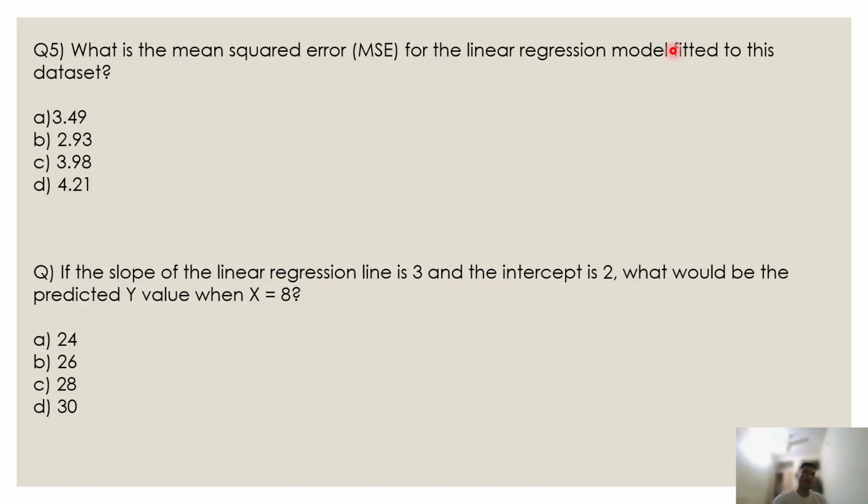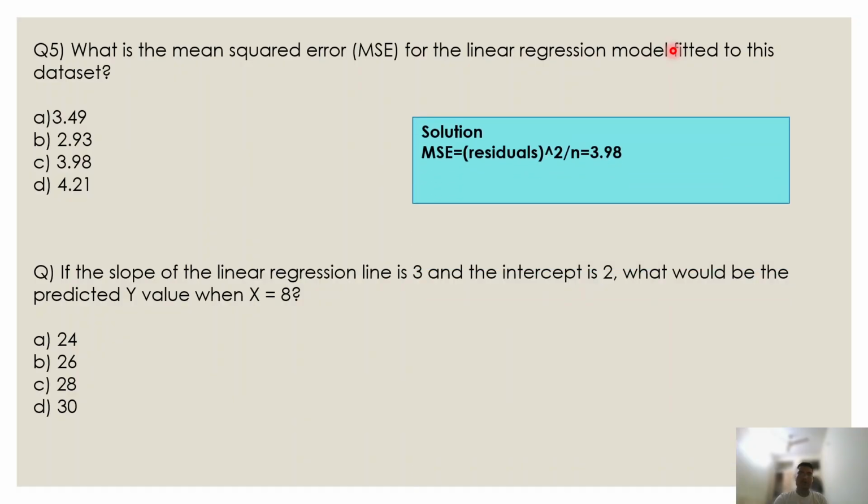Okay, so we will move towards the answer. It's the C answer, you're correct. Mean square error means residual whole square. Residual means yi minus yi hat, and you have to square it. You have to sum all those things and divide, and that will calculate 3.9, which is exactly the answer.